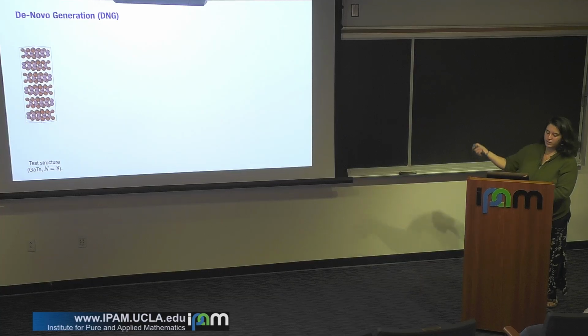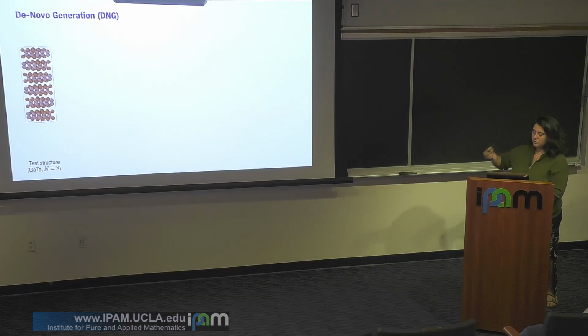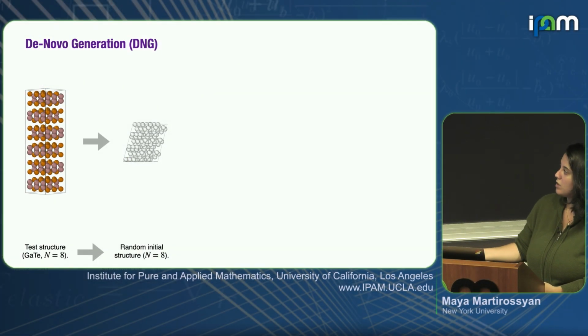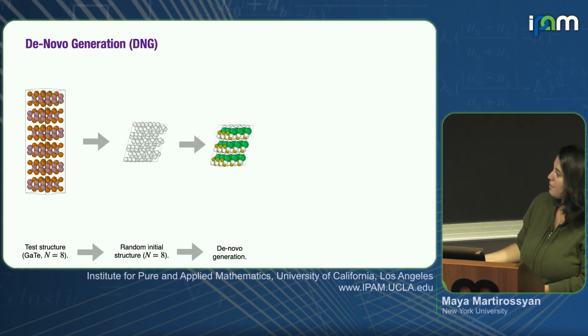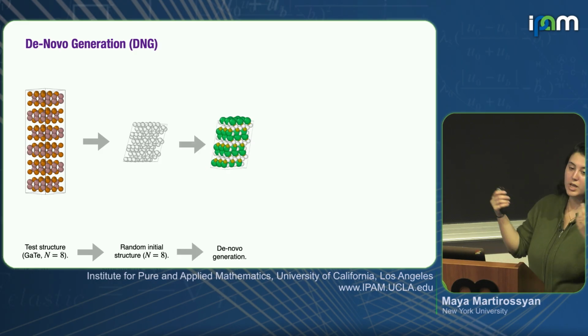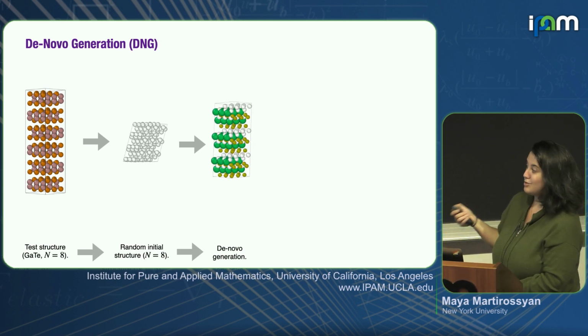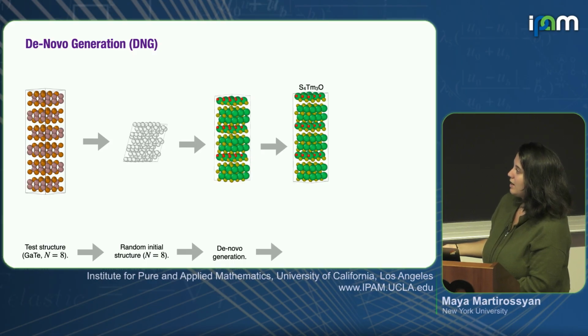And just to illustrate the process through which this is done, let's say you have a test set structure. Again, we're taking this gallium telluride, and we randomize the positions and the cell. Then we already have a trained model, right? This is just the inference part, and we do what's called de novo generation.